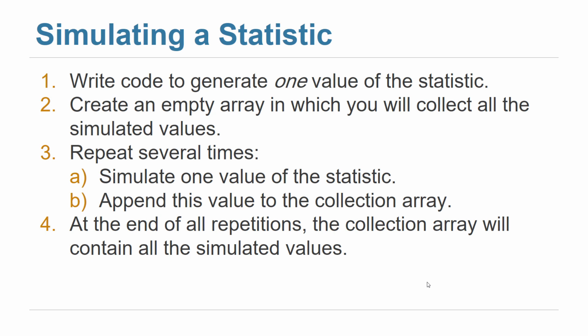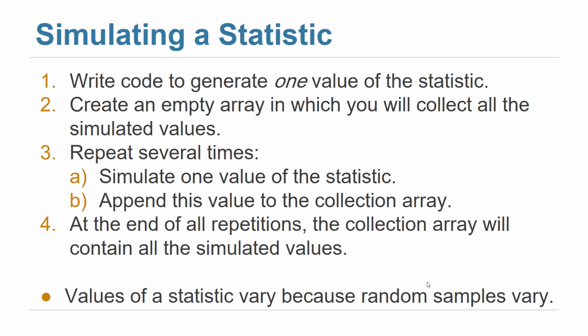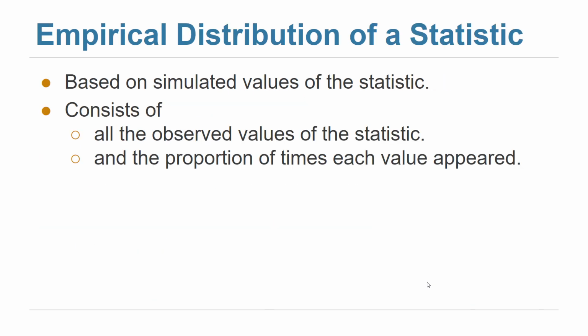Of course, this is very detailed. We create an empty array to collect the simulated values. We repeat, get one value, append that value to the array, and at the end, the array will have all the simulated values. And these simulated values, of course, will vary because they are taken from different samples. Each sample will give us a value of the statistic that can be different. This set of values will constitute what we call the empirical distribution.